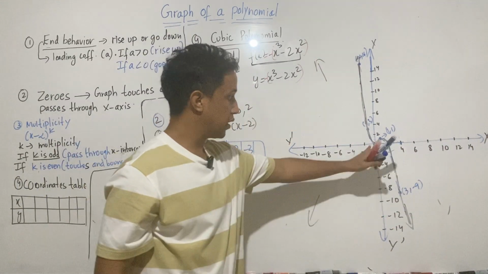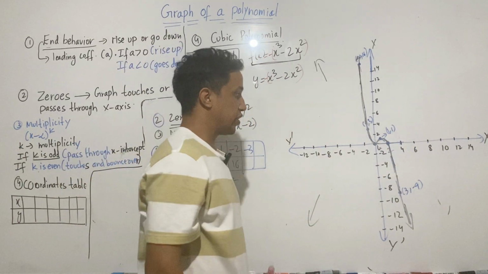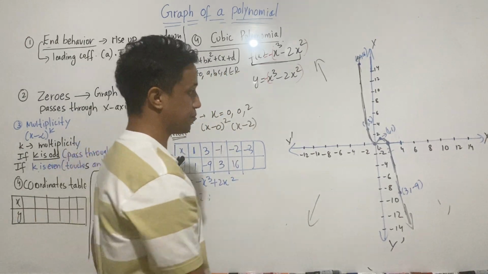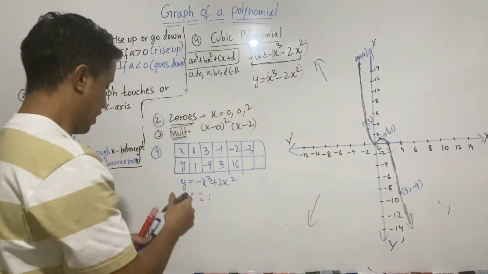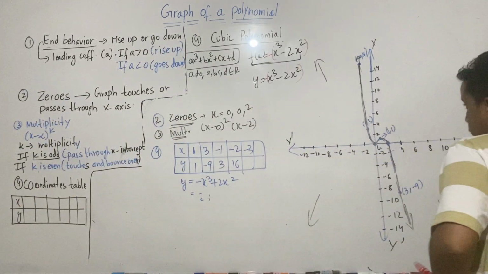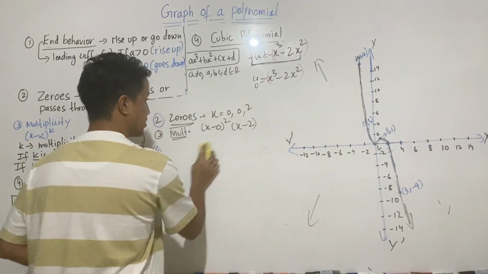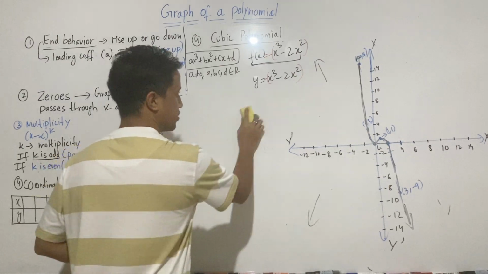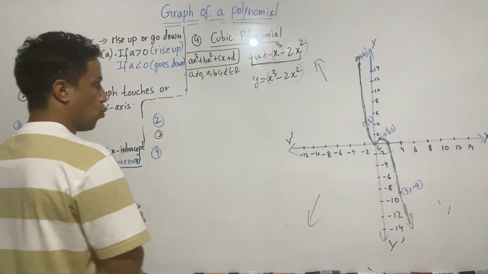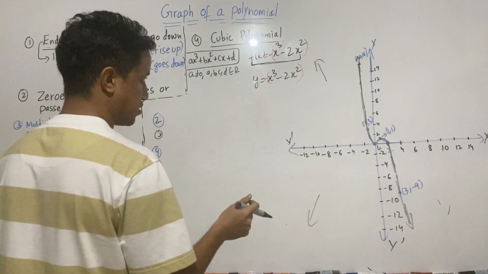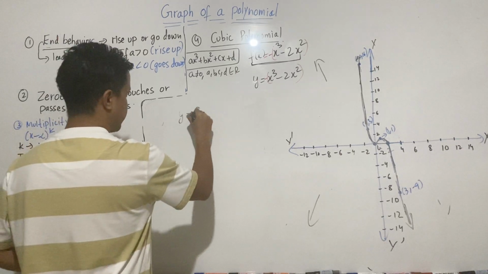X equal to 0, x equal to 2. Okay, so it has 3 zeros here, with the zero repeating. Now if someone asks you what the graph of y greater than f(x) is, this is y equal to f(x).